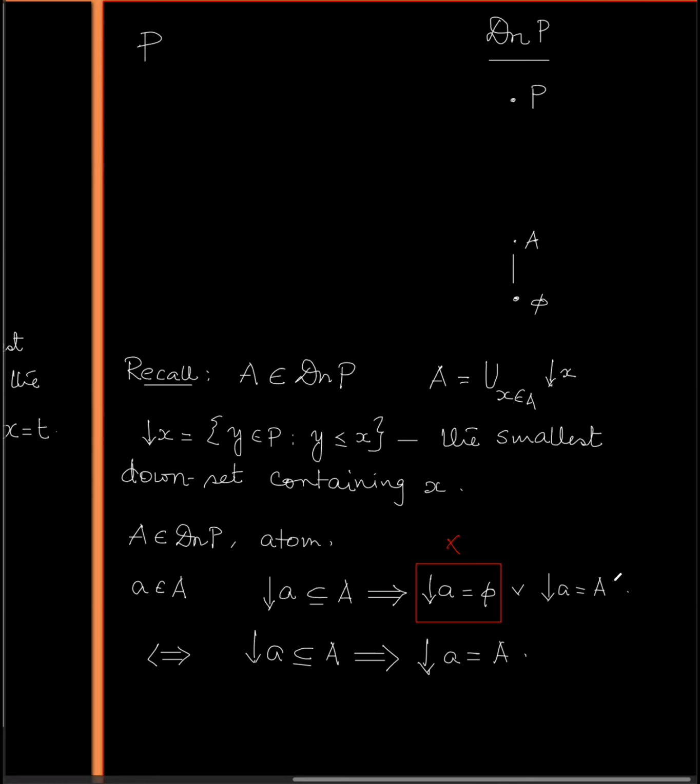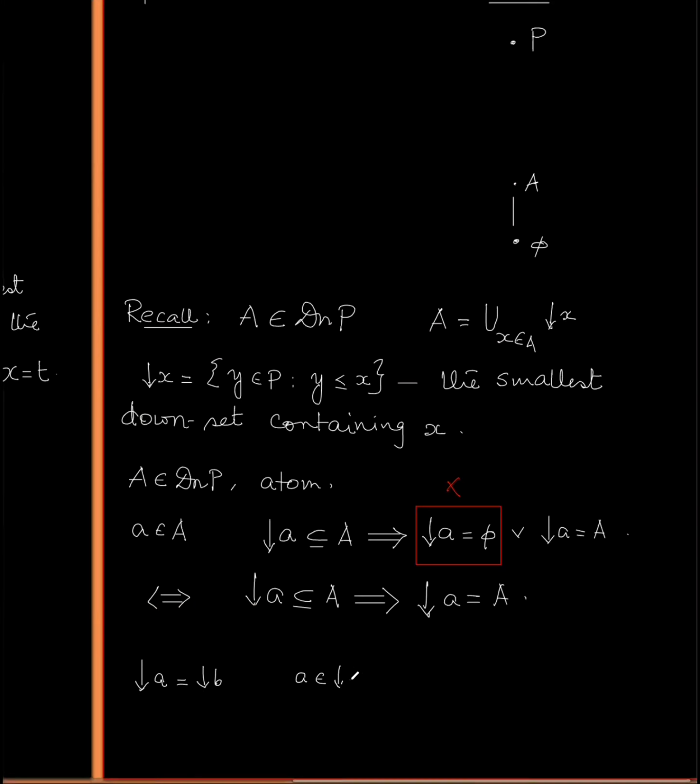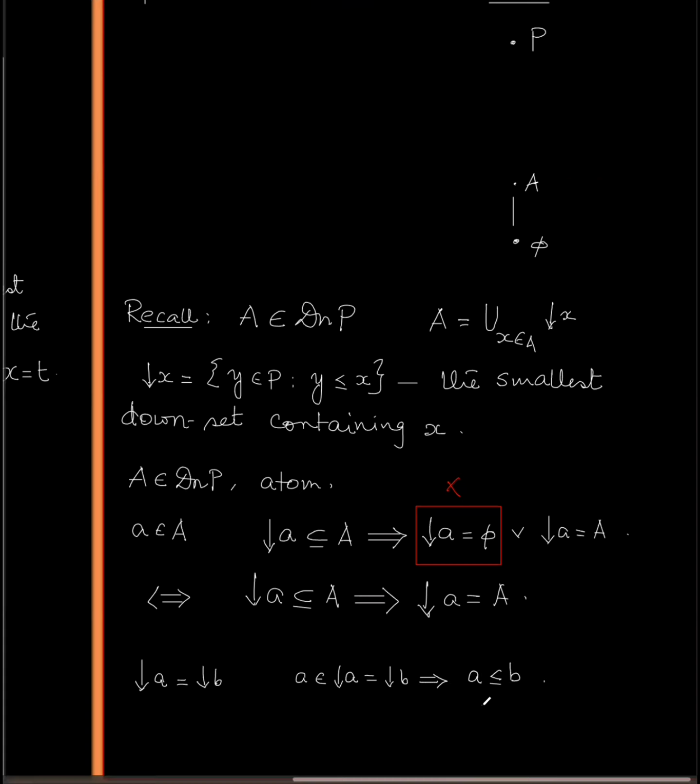So this is equal. Now, what happens if I have this equal to this? Well, then it tells me that a, which belongs to this, also belongs to downset of b. So it implies a is less than or equal to b. Interchanging a and b, I can also get b is less than or equal to a.